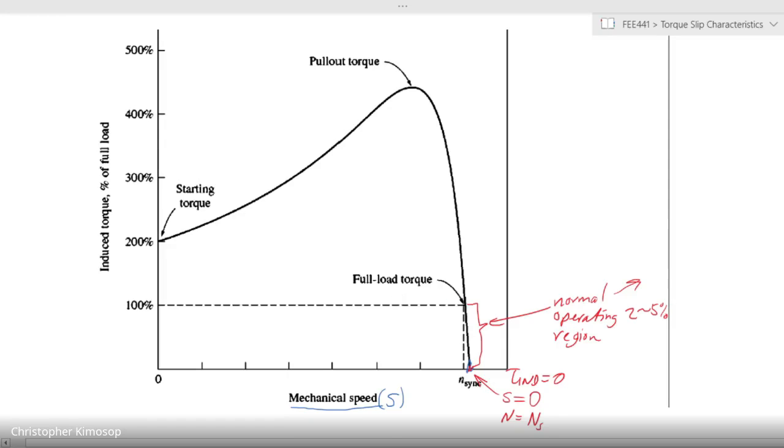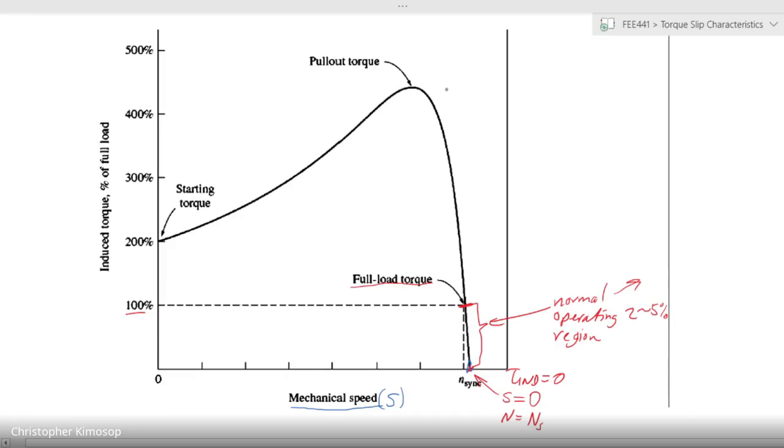You usually have the edge of that normal operating region as your rated full load torque, and that is why we are having it at 100%. That is the point against which we measure the other torques. That is the normal torque that we would expect from this motor, right? So that is our normal operating region.